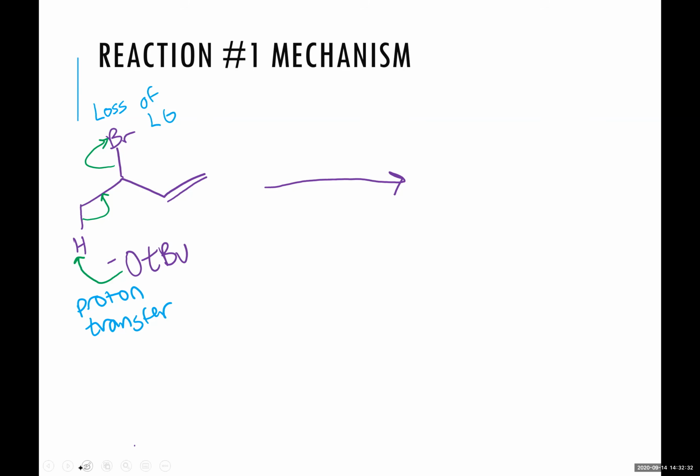Professor? Yeah. So I've noticed that you didn't draw the lone pairs for the tert butoxide, and I remember last semester our professor urged us to ask the next professor how specific you are on mechanisms, because I remember he was very specific, and if we didn't draw the pairs and the arrow in the exact place, he would take points off.